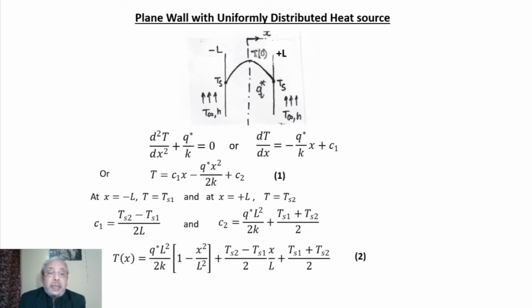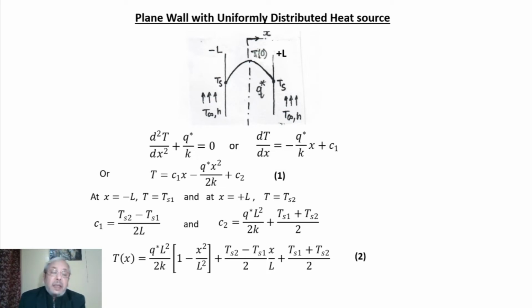C1 will be Ts2 minus Ts1 by twice L. Having found C1, if we substitute it in equation 1 with the condition x equal to plus L, we will be able to evaluate C2. C2 will be q star L square by twice k plus (Ts1 plus Ts2) by 2.